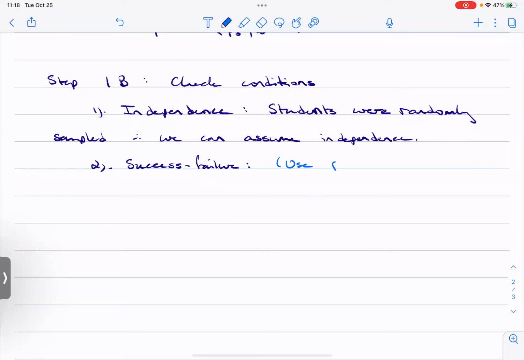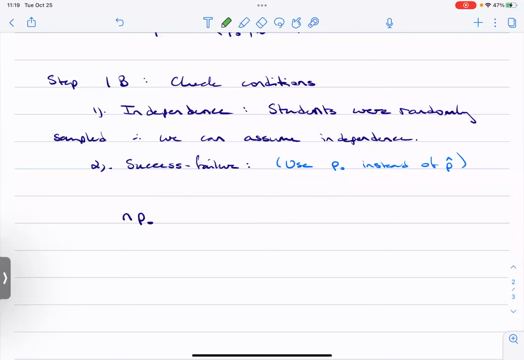But the idea stays the same. We're going to check that n times p naught, where p naught, like I said, is from the null hypothesis that p is equal to p naught.